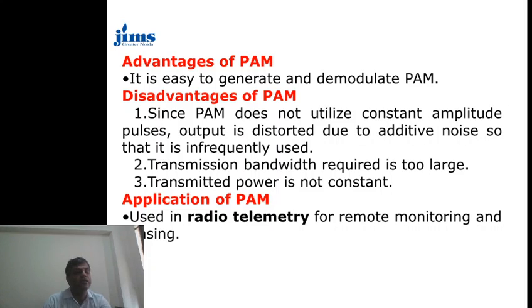It means our information is stored in the amplitude, and a noise signal easily alters the amplitude of a signal, so our information will be distorted. Second, the transmission bandwidth required is too large, and the third disadvantage is that transmitted power is not constant. And the use of PAM is in radio telemetry, especially for remote monitoring and sensing applications. We can use pulse amplitude modulation there.